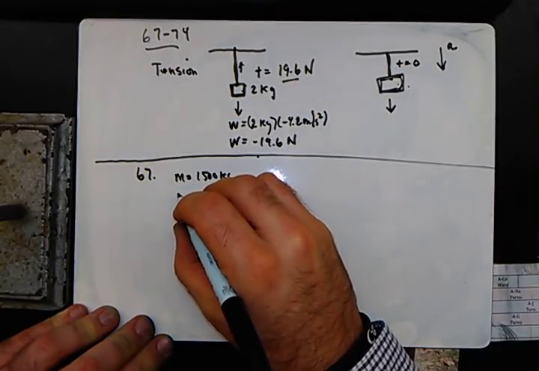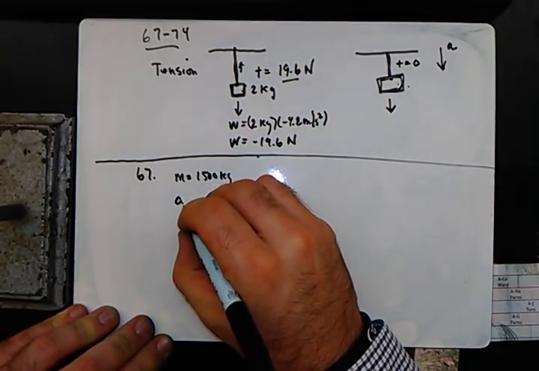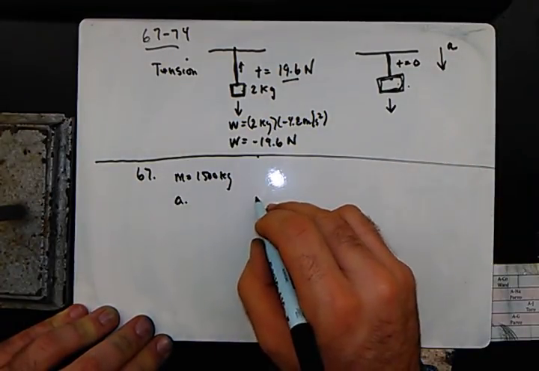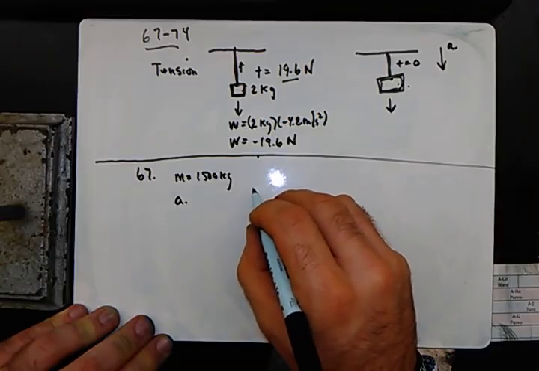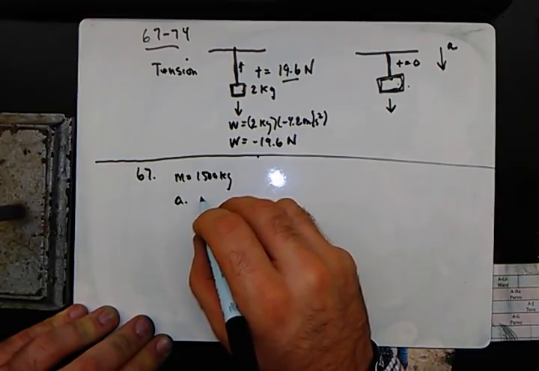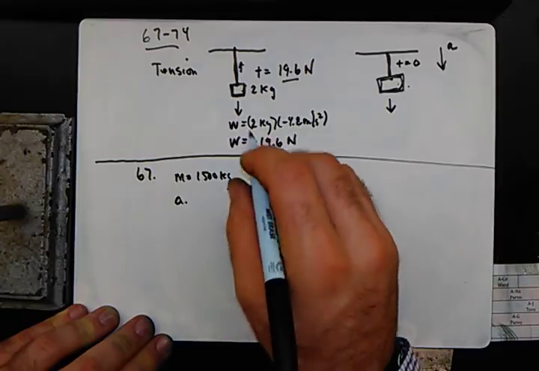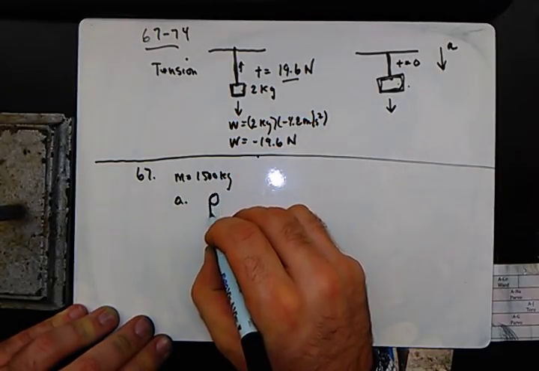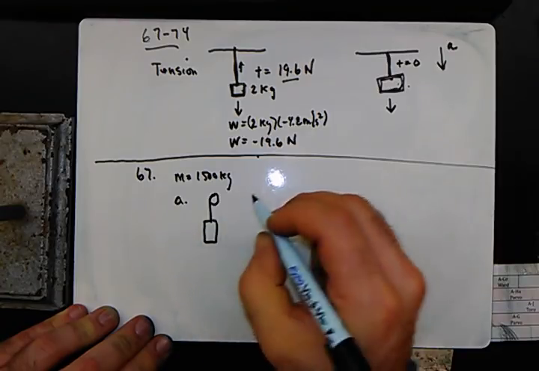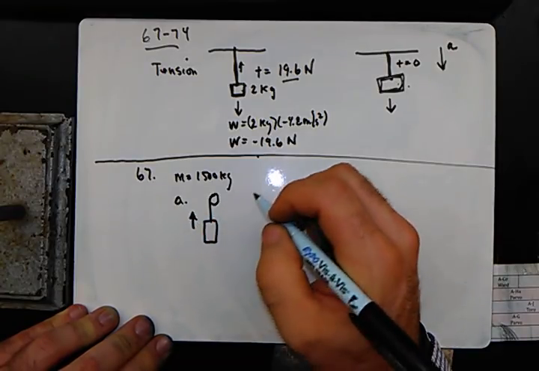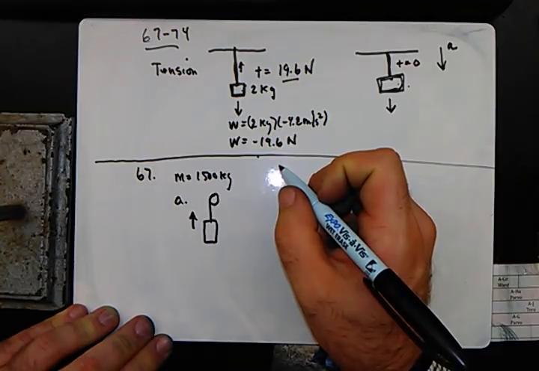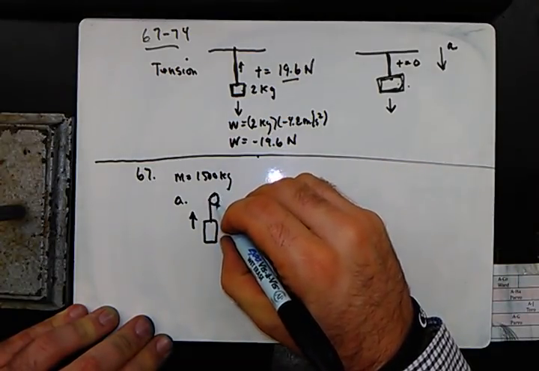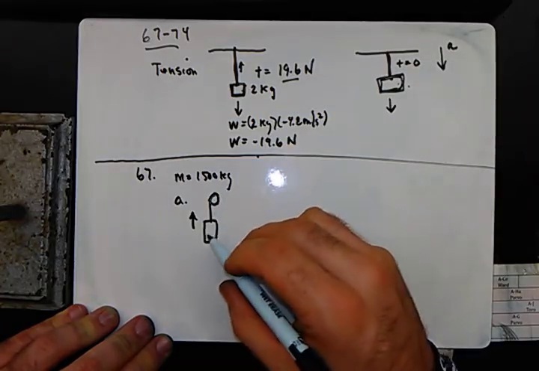In case A, the elevator moves at a constant speed upward. We can use the same picture because elevators are attached to a cable. Let's say I had a pulley. Here's the elevator, going at a constant velocity upward. That means it's not accelerating, it's just moving constantly.